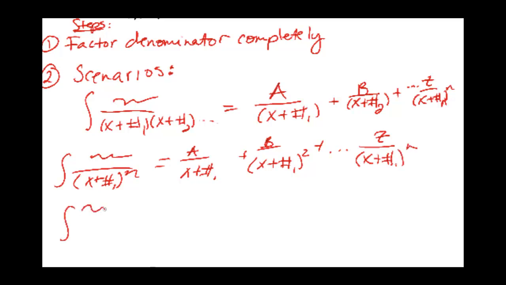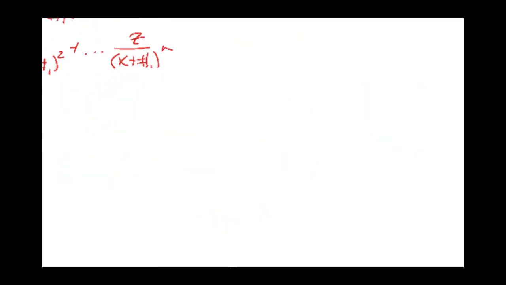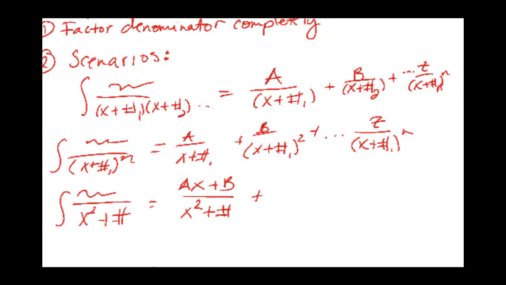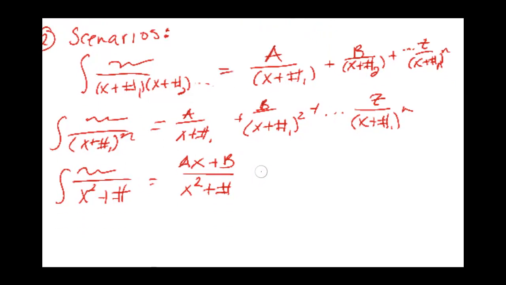If you have a quadratic in the denominator, the power difference between the numerator and the denominator must always be 1. So we have to introduce an x in the numerator now. Actually, there's no plus sign here. And that's for the next rule. And this rule here that I'm doing is a combination of these two rules here.